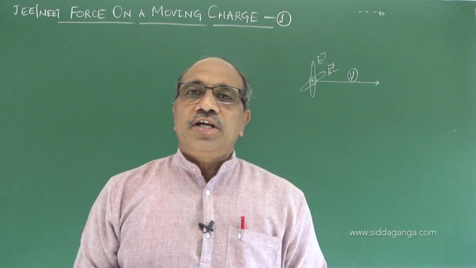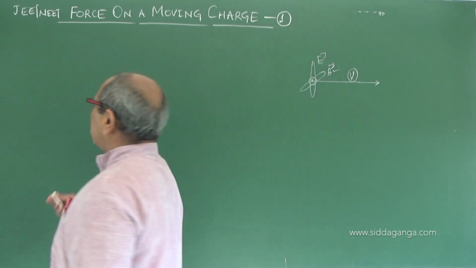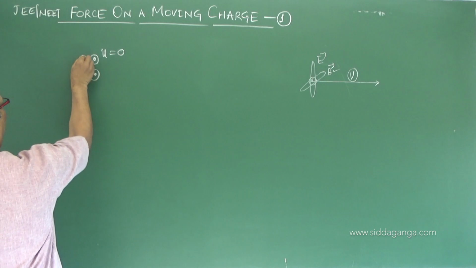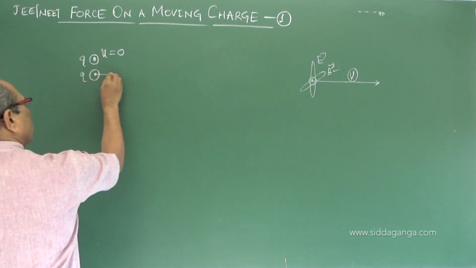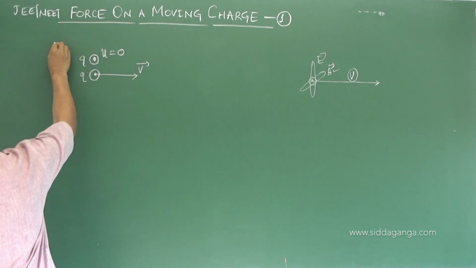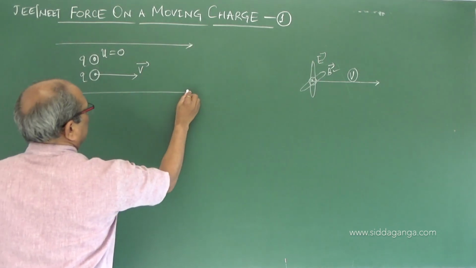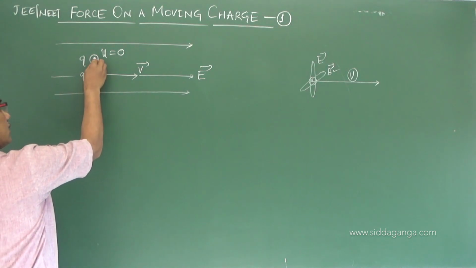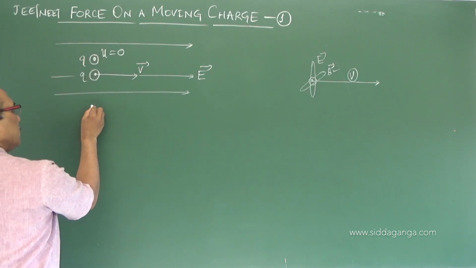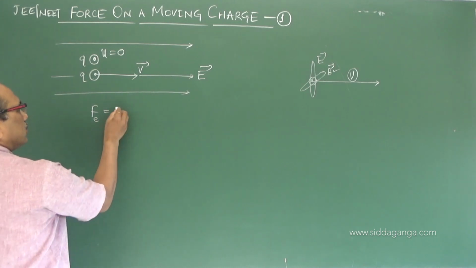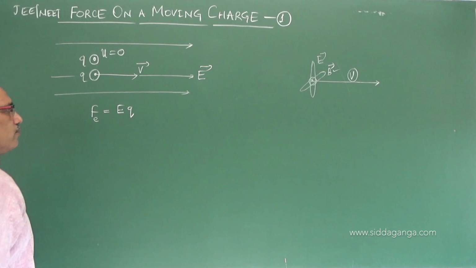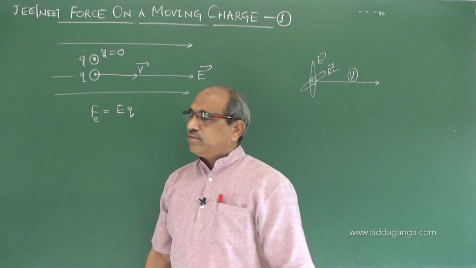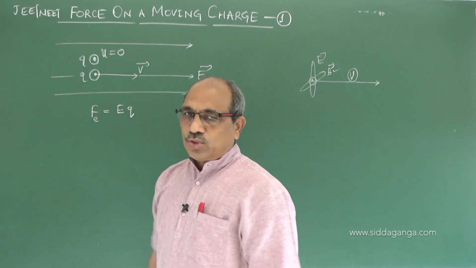However, if we go back to electrostatics, we learned that a charge at rest, with initial velocity maybe 0, or a charge in motion, moving with a definite velocity or speed parallel to the direction of the electric field, either at rest or in motion, experiences an electrostatic force, which we know as E into Q. Because force per unit charge is defined as electric field intensity, E into Q gives you the force.